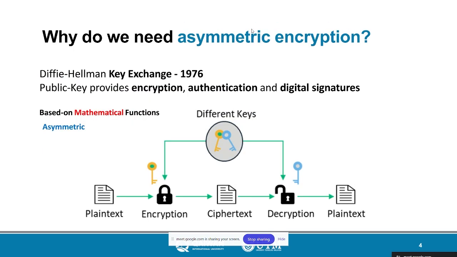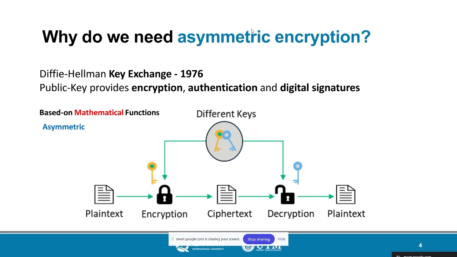Now, why do we need asymmetric encryption? You see, the problem with symmetric encryption was that the same key would be used for encryption and decryption. However, the problem was you cannot share the key secretly, because in order to share the key you should share it through the internet, and the internet is not a secure place.